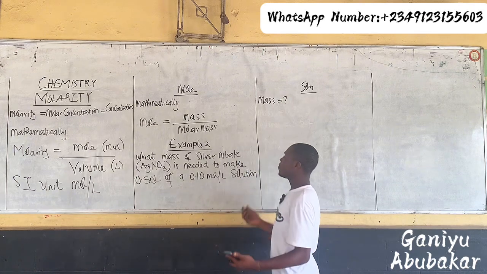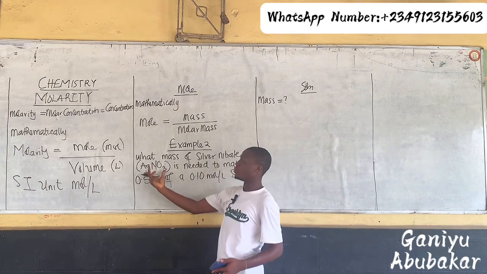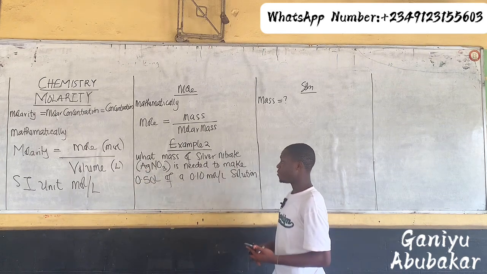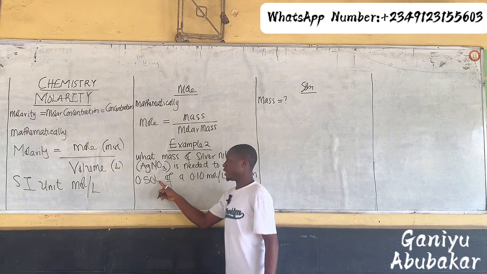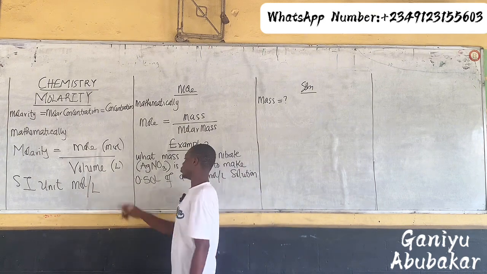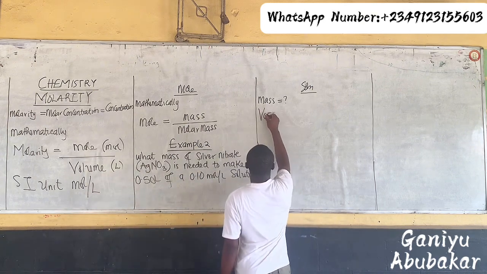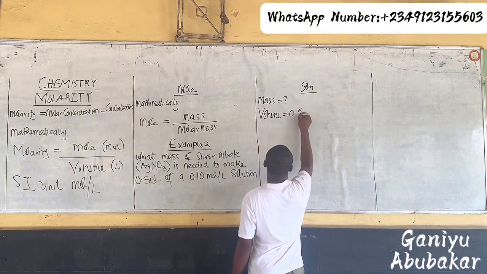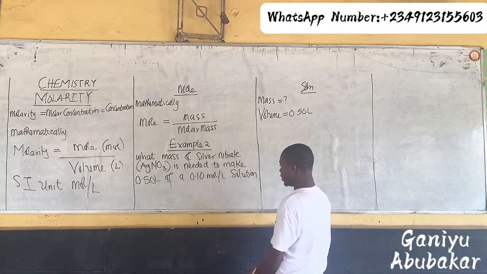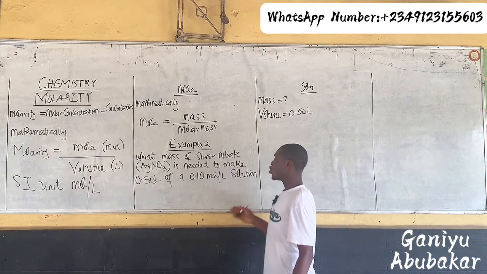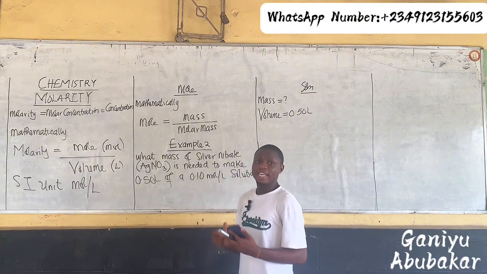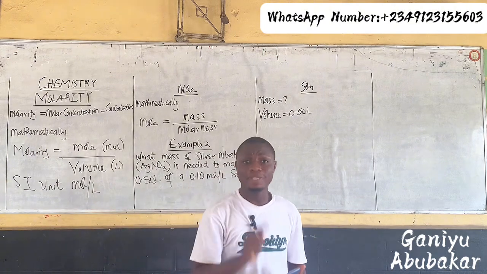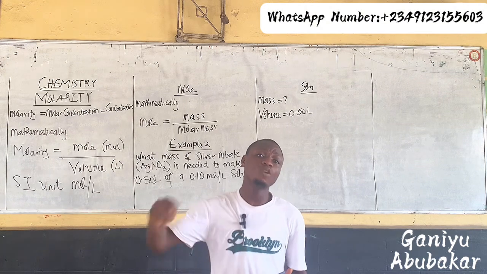Next up, the silver nitrate, of course, this is my compound. It is needed to make 0.50 liter. From the word liter here, it signifies a volume. So I have volume, given as 0.50 liters. Proceeding to 0.10 mole per liter, which parameter signifies that?